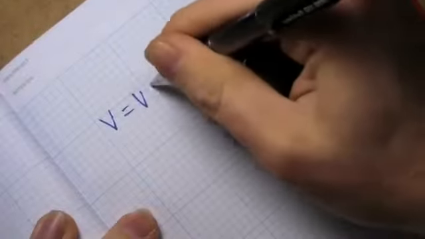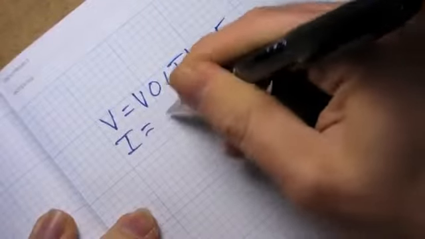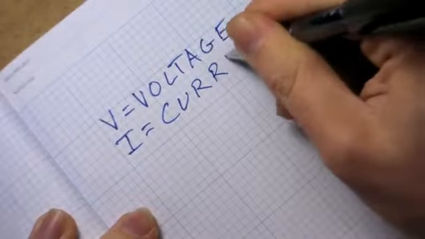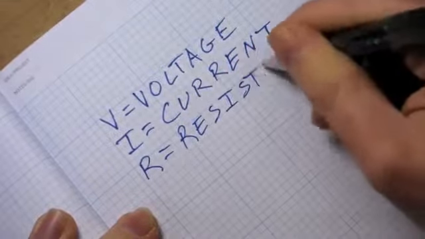Ohm's law defines an important relationship between three very important electrical properties: voltage, current, and resistance.